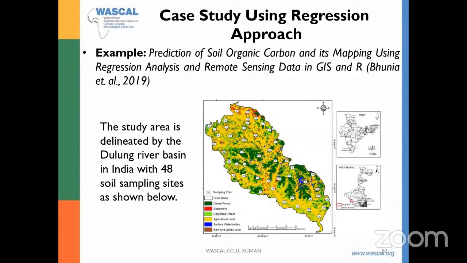This boundary was delineated using a river basin. If we are lucky to have the shapefiles of the river basin from a colleague or from an online repository, good. But if not, GIS applications can help us generate these basins through several other processes that we can look at later.